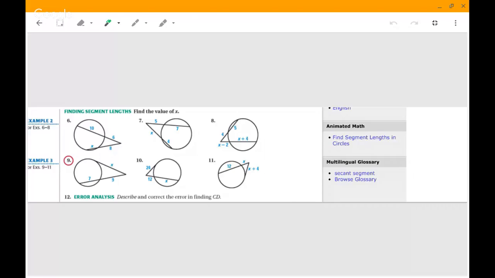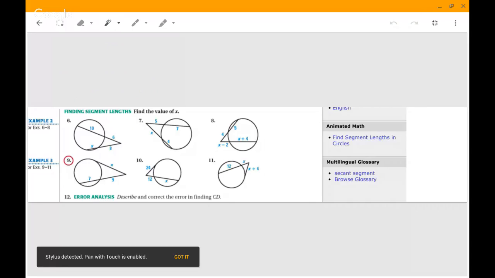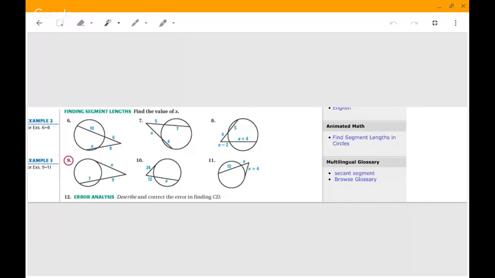All right. So number 7, you have your 2 segments. What kind of segments are they? Is that like the secant segment and then the tangent? Actually, number 7 is 2 secants because on each piece there's 2 numbers.